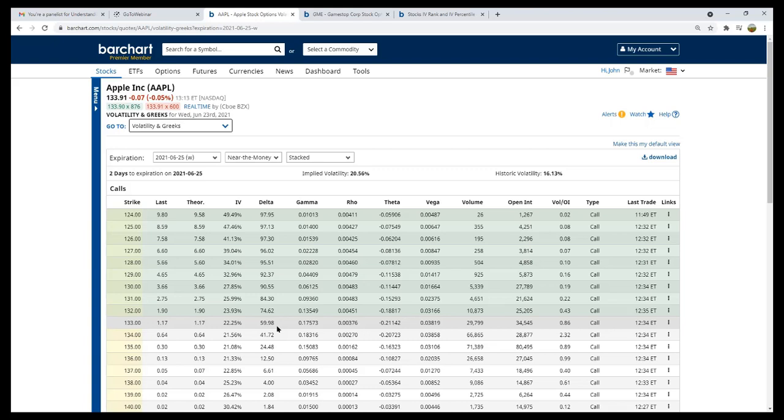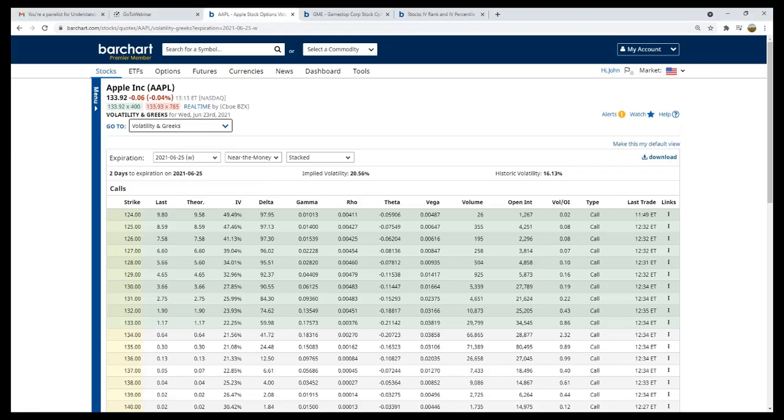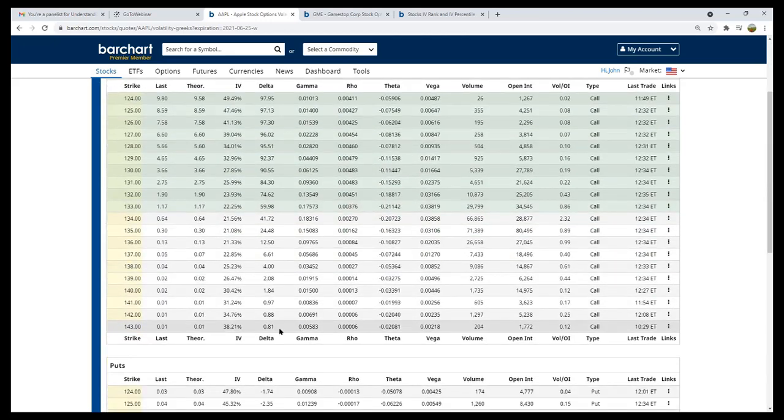All right, so let's go back. Again, just the opposite for our out of the money calls. The longer the time we have, we're going to find higher deltas. So again, looking at these strikes that are going to expire in 2 days, if they're farther out of the money, notice that they have very low deltas.